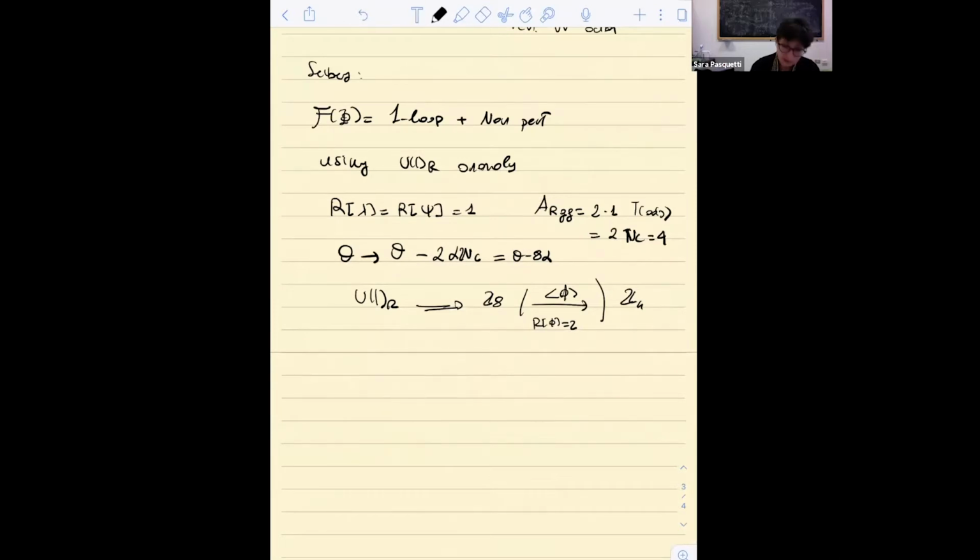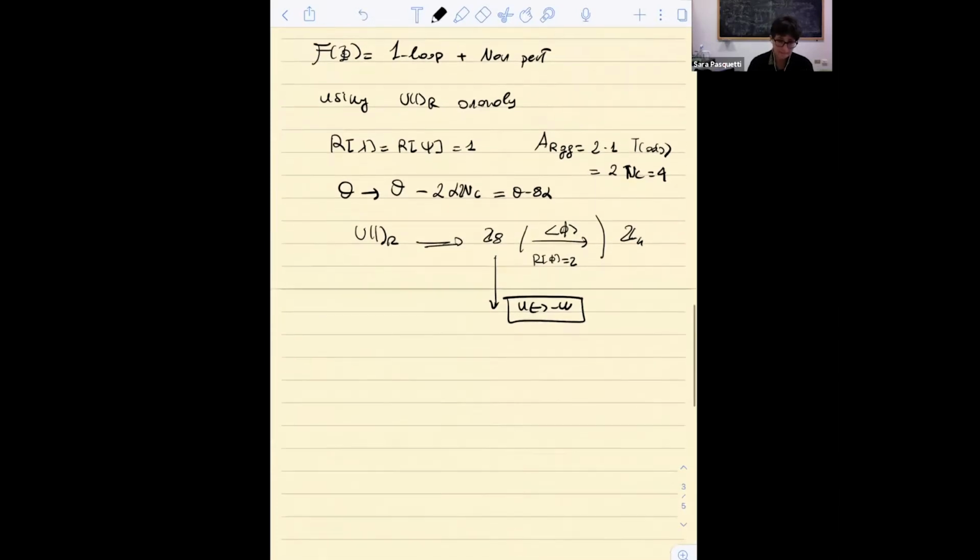So the fact that there is this Z8 surviving part of the U(1)_R symmetry also tells us that on the moduli space there will be a symmetry that relates u and minus u. So the Seiberg argument goes more or less as follows.